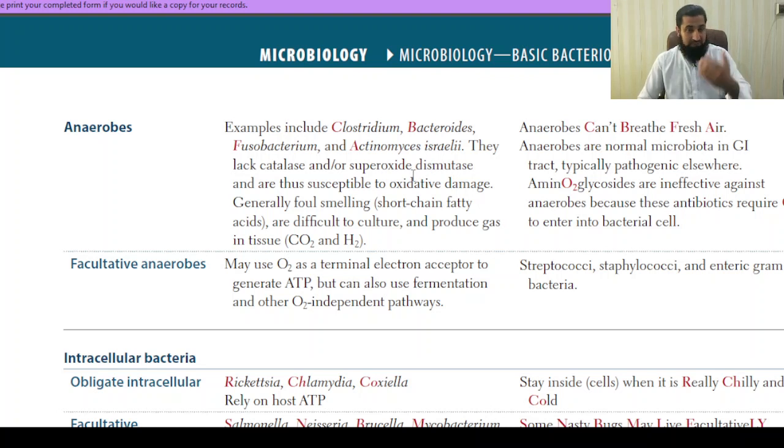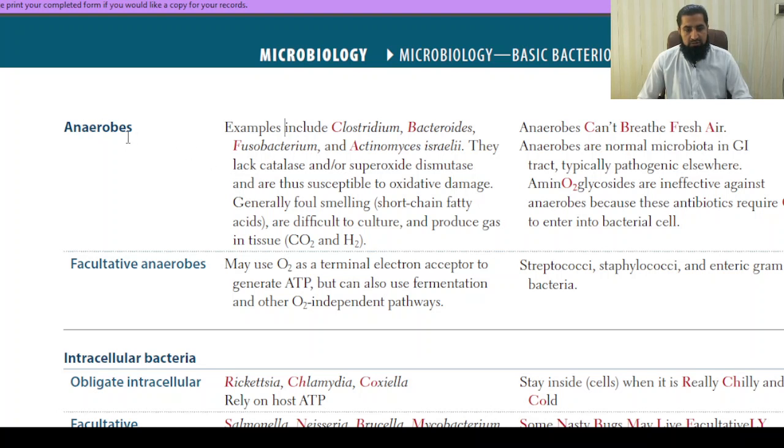One of them is hydrogen peroxide. Hydrogen peroxide combines with chloride to form hypochlorous acid, and this hypochlorous acid will kill the bacteria. Some bacteria have catalase enzyme, which converts hydrogen peroxide into water and oxygen, and these bacteria are protected from oxidative damage.